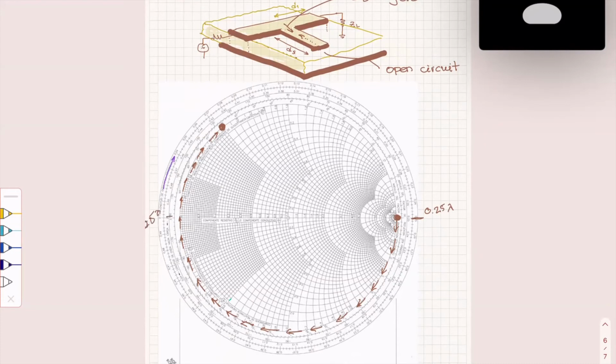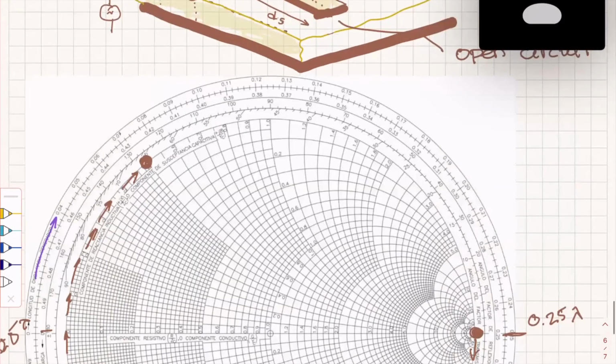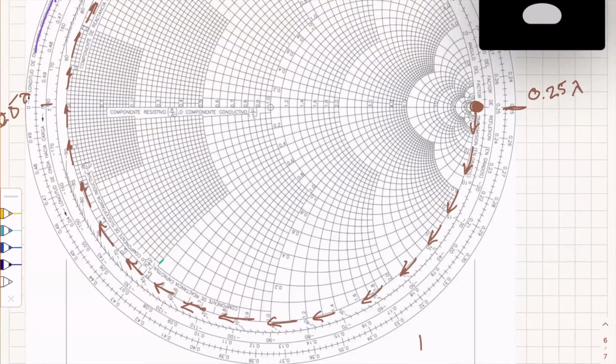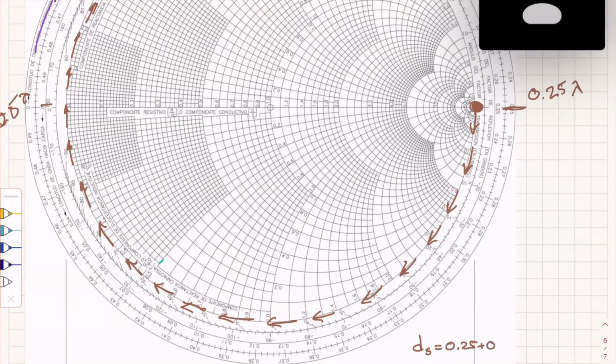And then I continue until I find 0.07 lambda. So practically, ds will be 0.25 plus 0.07 lambda, which is going to be 0.32 lambda.